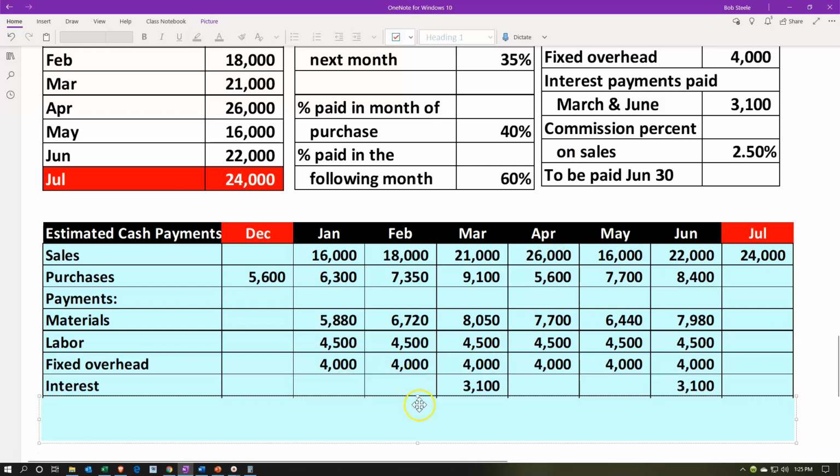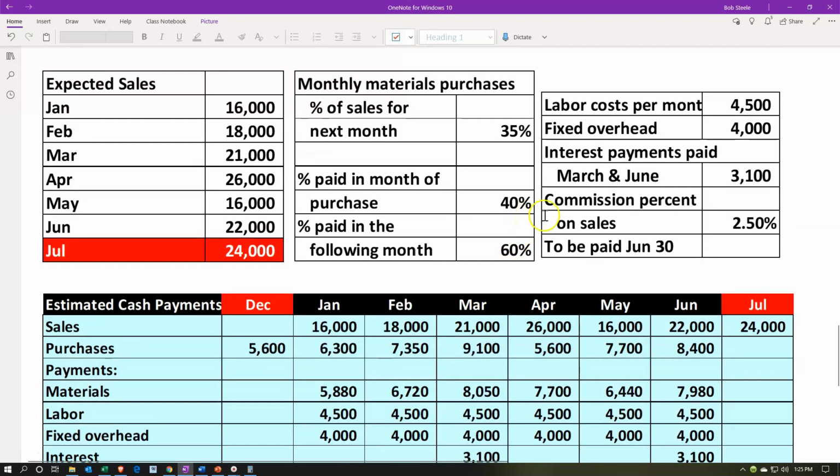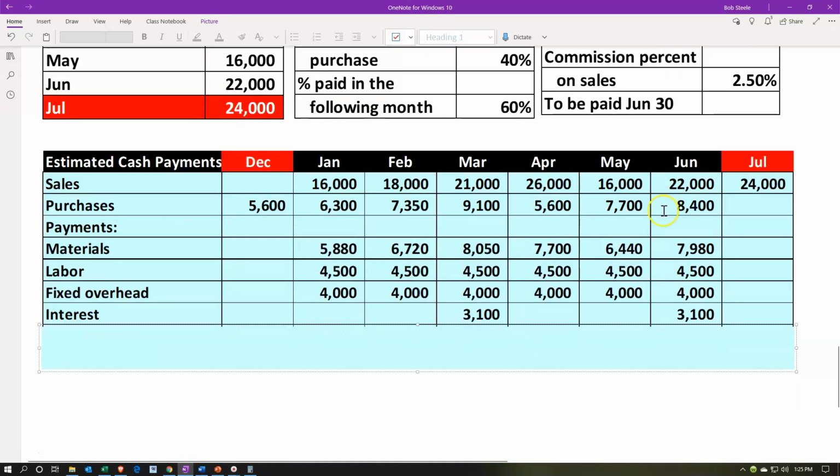Then we're going to have the interest. Interest is a little bit more complex because the interest we're saying is going to be paid in March and June. Therefore, we're going to have to put this into our cash flow for March and June. Remember that on the income statement, if we were looking at a monthly income statement, each month would have interest expense from an accrual basis standpoint, because we incurred the interest of financing. We took out a loan.